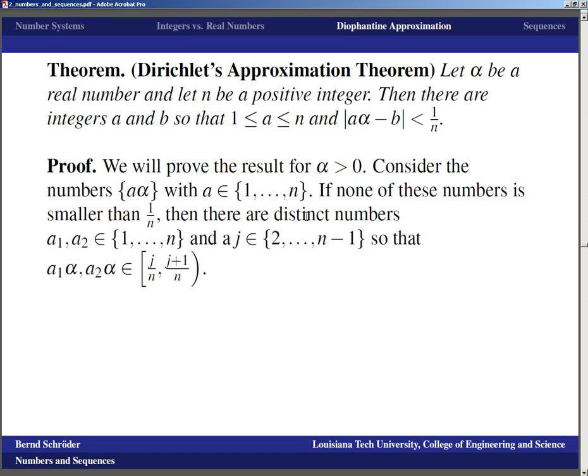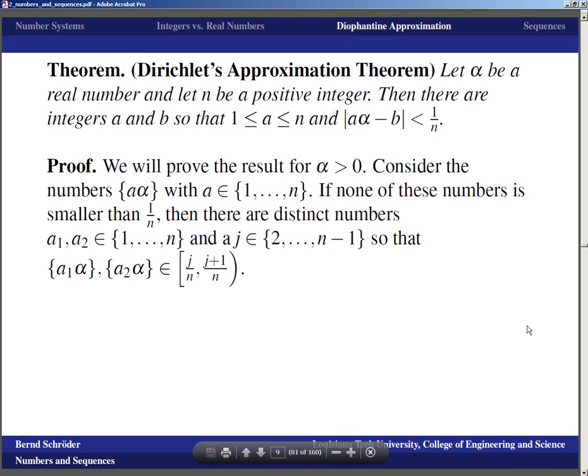So when that happens, there must be distinct numbers a1 and a2 between 1 and n, and a j between 1 and n minus 1, so that the fractional parts of a1 alpha and a2 alpha are in the interval from j over n to j plus 1 over n. So hang on just a second here. And we're back. Okay, so these fractional parts must be in the same little interval.